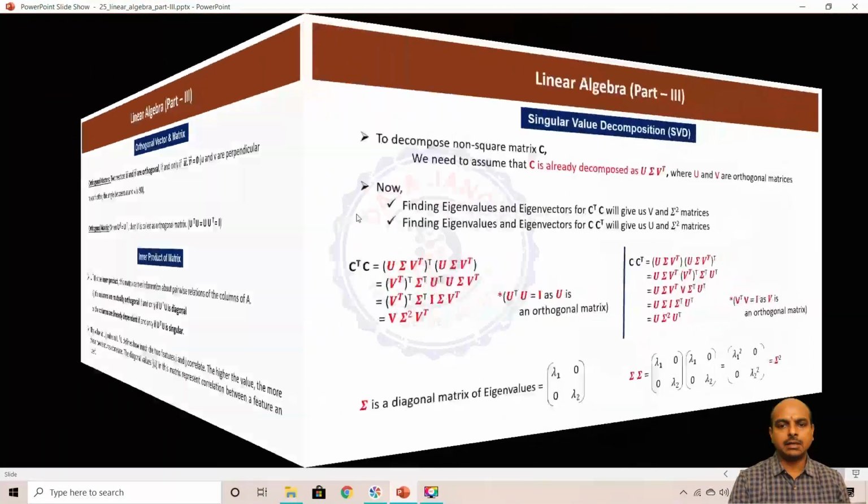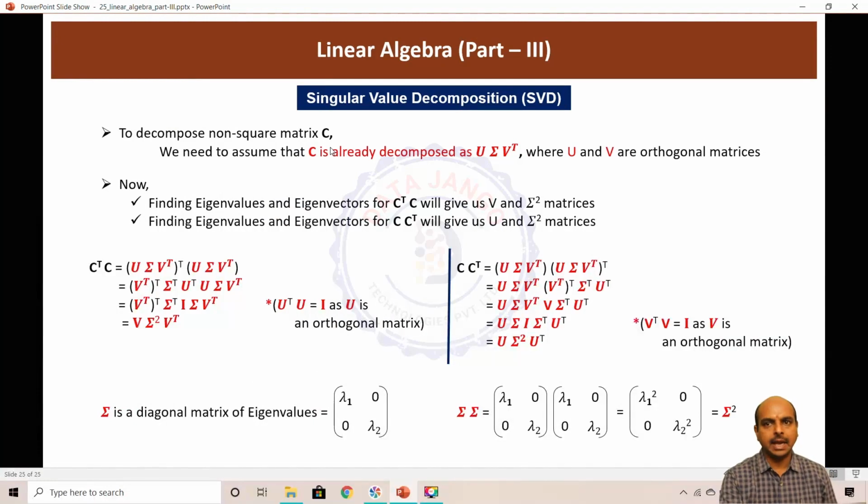I have taken a matrix C, and if you want to decompose that matrix into U sigma V transpose, I will make two statements.